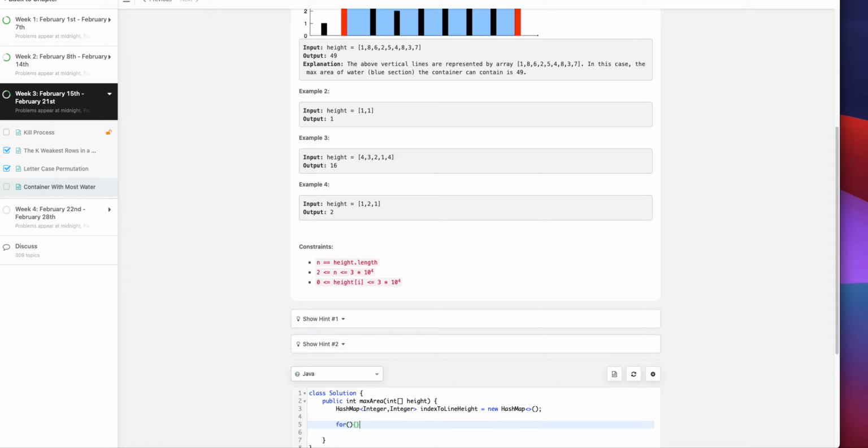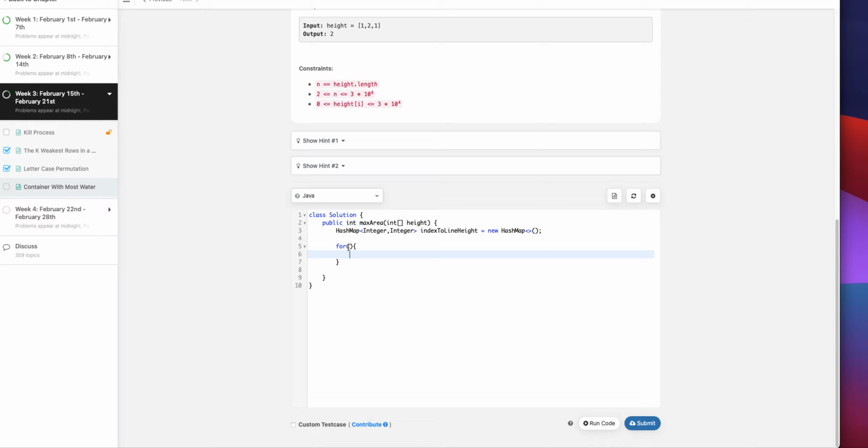So I can just go from int i is equal to 0, i less than height.length, i plus plus. So I can go through each index and add it to the map, right? At the end of it, I have a map of indexes and heights. So I can start with index.